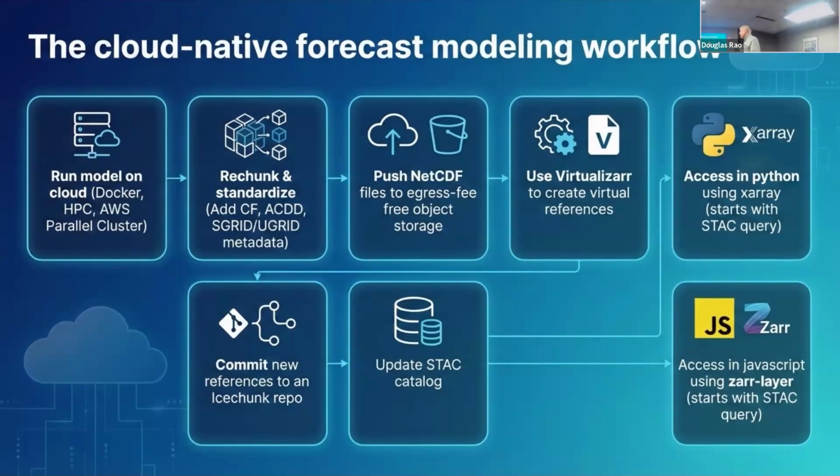We run the model on the cloud. Either it's Dockerized or we're using one of the custom tooling that the cloud providers all have for HPC, like Amazon ParallelCluster. As soon as we get the output, we re-chunk it if we need to. We always tend to write these pancakes out: the model runs for one time step, we write the output, and then we write another one.